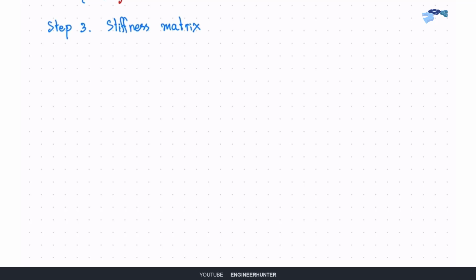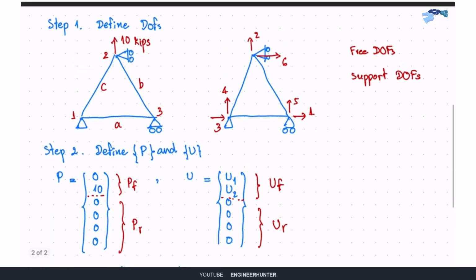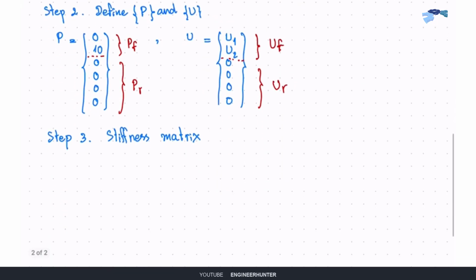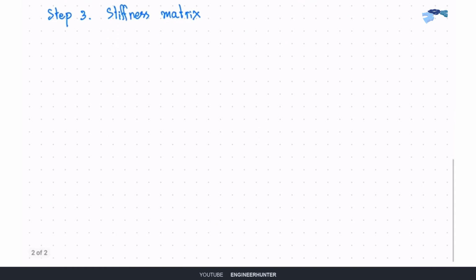So you need to start from element A, B, and then the last one, C. And the formula that we're going to use to find the local stiffness is k. It is a small k. It indicates that it is a local stiffness.